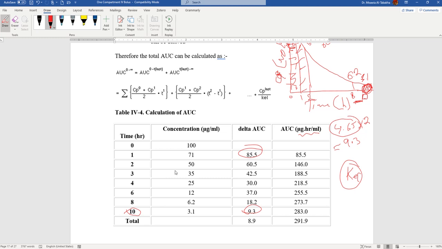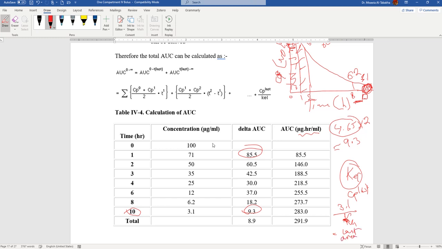Take the last concentration, 3.1, and divide it, we call this Cp last, by KEL. KEL, where do you get it? It's either given or you need to put it on semilog paper and find out from the slope. So you write here the value of KEL, and this will give you the last area.